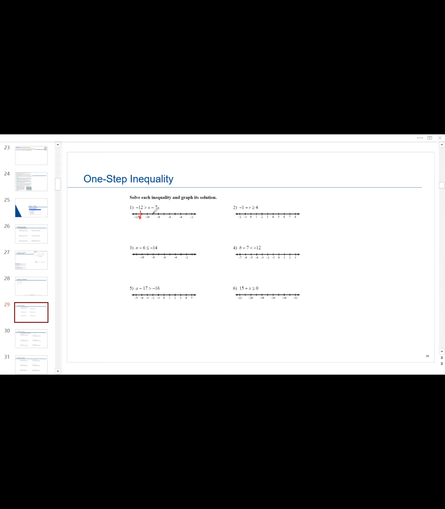So both sides plus 7, like the first one, all right? Negative 12 greater than x minus 7. Let me rewrite it here. All right. So both sides plus 7. So here became 0, right? So here became negative 5 greater than x.